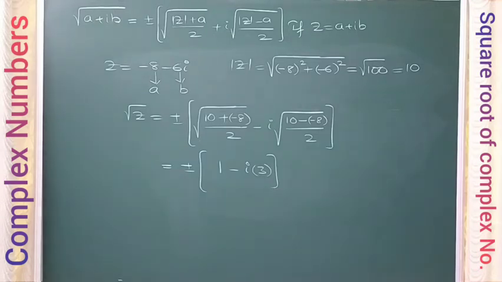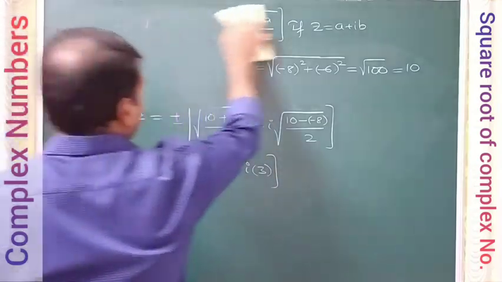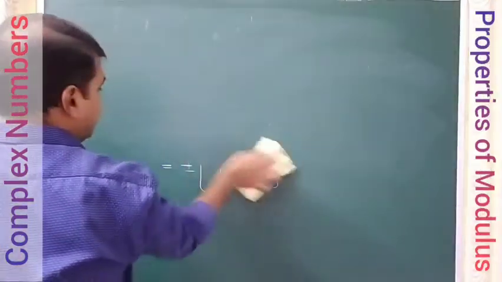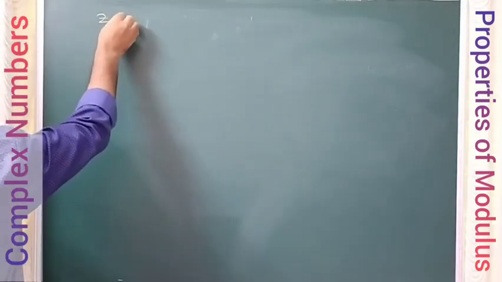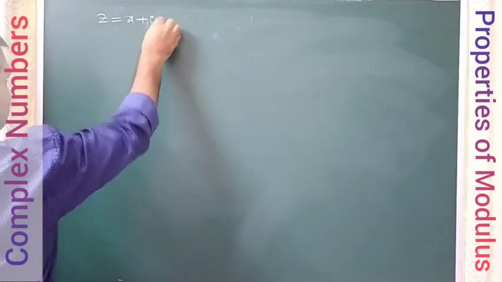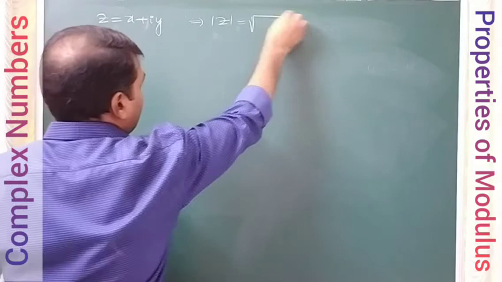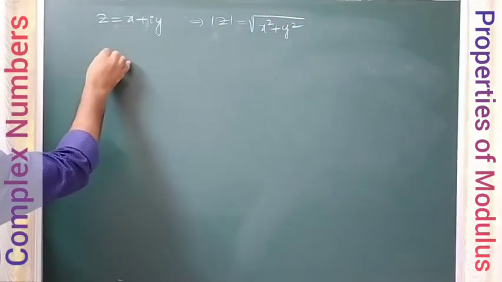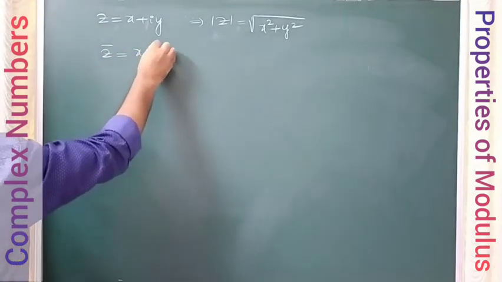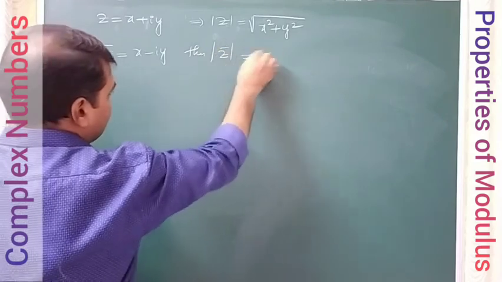Okay, now let us discuss some more properties related to the modulus of a complex number. For example, z is equal to x plus iy. Mod z means under root x square plus y square. Let us take z bar, the conjugate of z. Then what is the modulus of z bar?